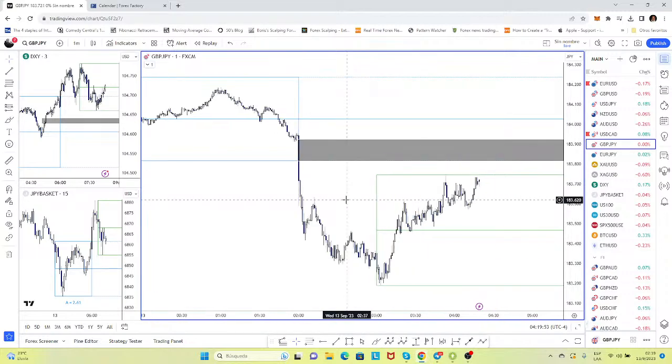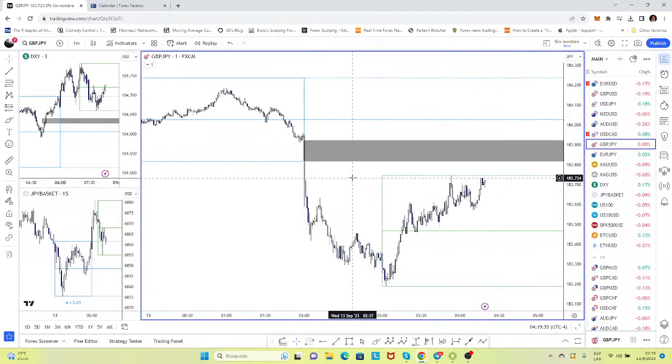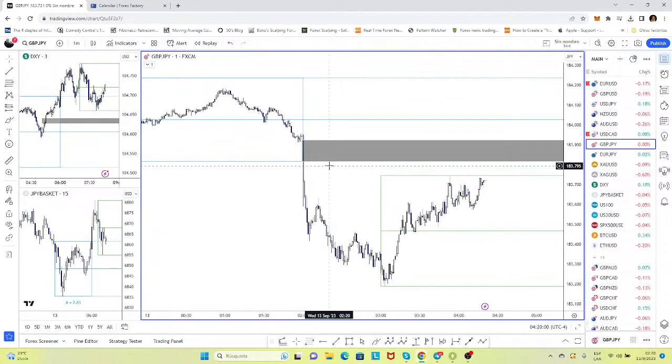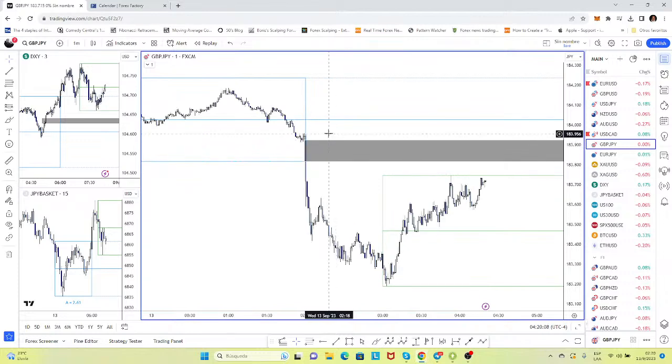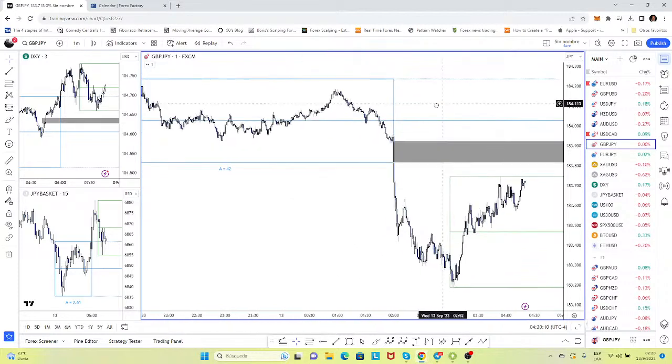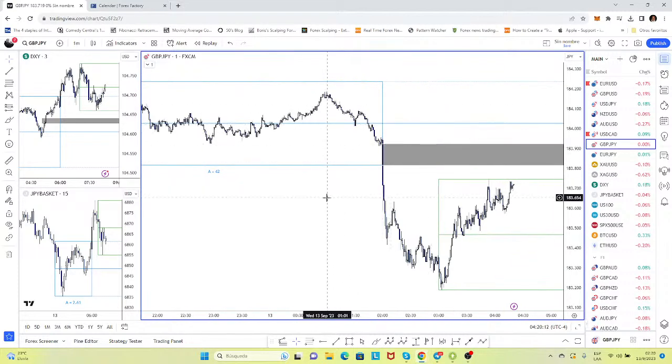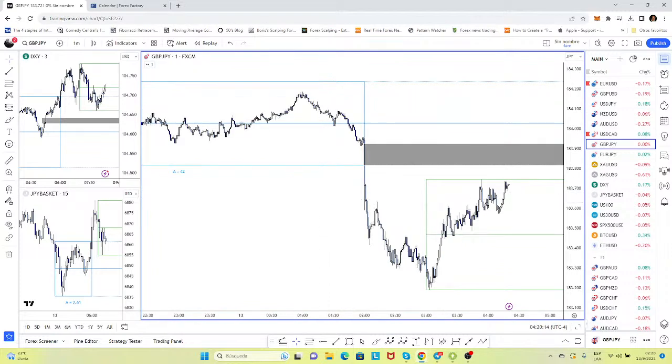But no one knows, and you most definitely didn't know, that UK GDP was going to miss. So that's what I mean. That, in my opinion, was a little bit gambling, holding on to a trade very close to your entry through such a high impact event.